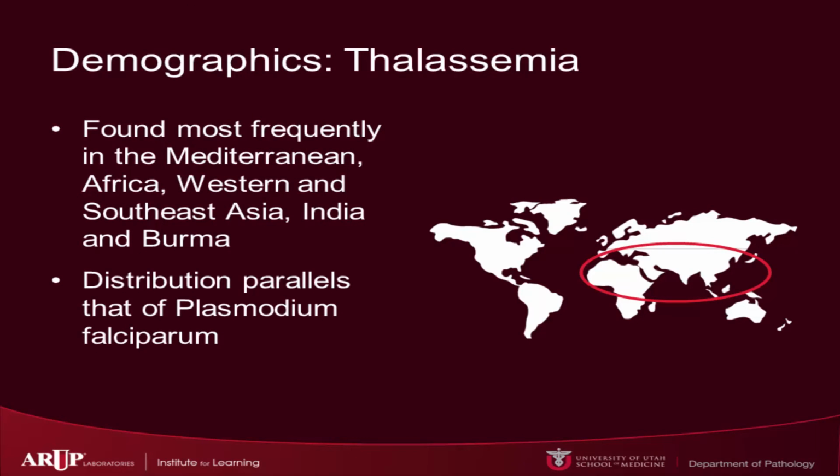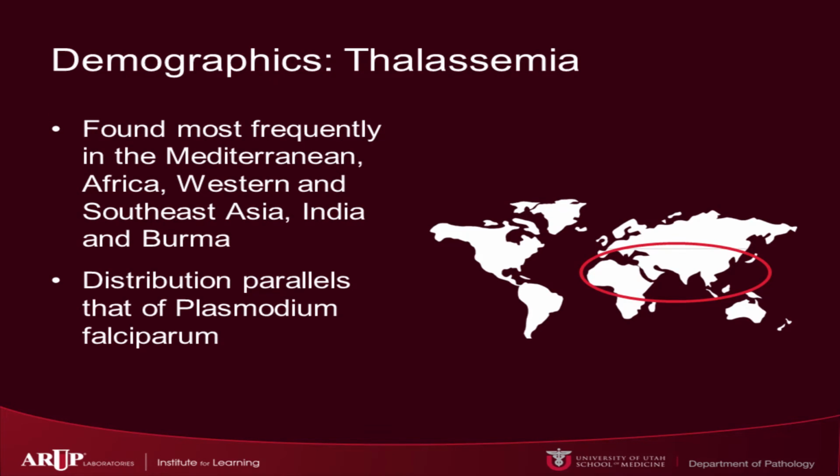Demographics, as I said earlier, also is very important for the thalassemia diagnosis. It's very prevalent in certain parts of the world, most frequently seen in the Mediterranean population, African, Western and Southeast Asia, India and Burma. One interesting point about thalassemia is that its distribution parallels that of Plasmodium falciparum.